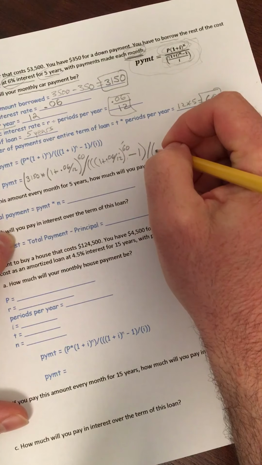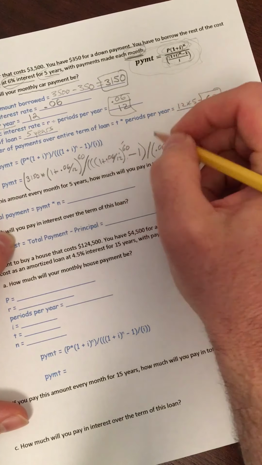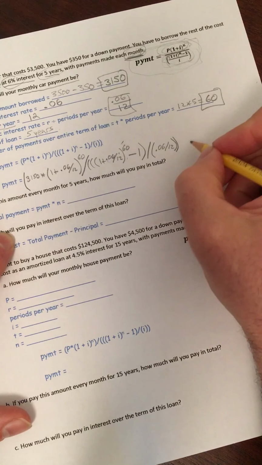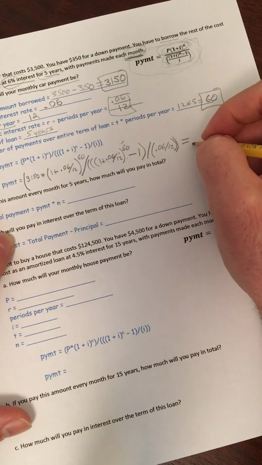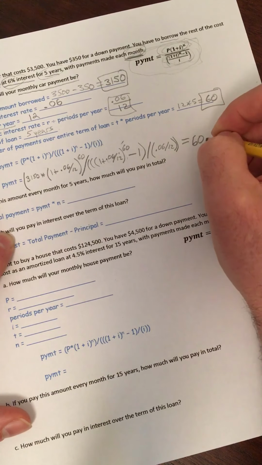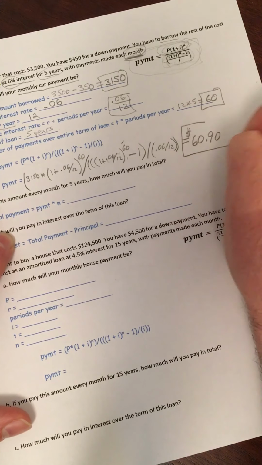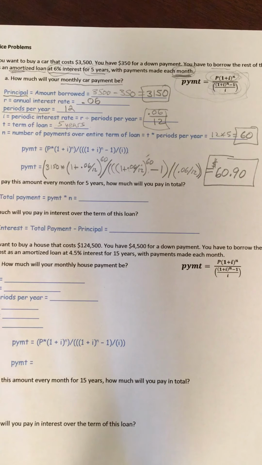And so I'll put another parenthesis, 0.06 over 12, close that parenthesis, and then close this beginning one, and that should be our answer. And if you can type all that into your calculator, it'll spit out, hopefully, $60.90. That's rounded off, but that is the monthly payment you're going to have to make on your car. Okay, so you're going to pay $60.90 every month for 5 years.